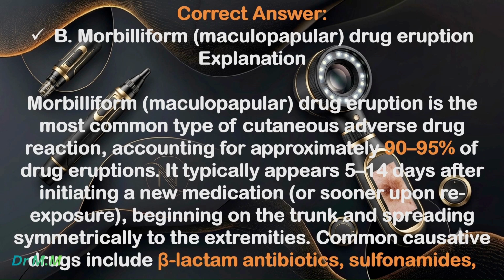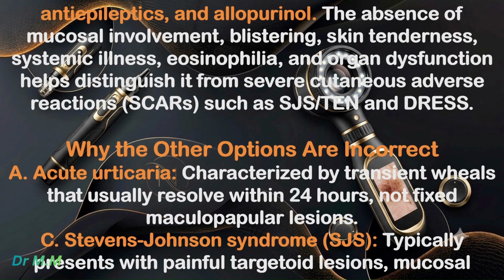Common causative drugs include beta-lactam antibiotics, sulfonamides, antiepileptics, and allopurinol. The absence of mucosal involvement, blistering, skin tenderness, systemic illness, eosinophilia, and organ dysfunction helps distinguish it from severe cutaneous adverse reactions, such as SJS, TEN and DRESS.